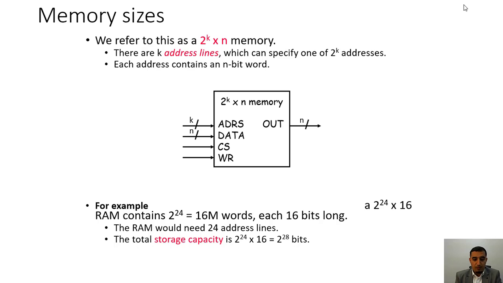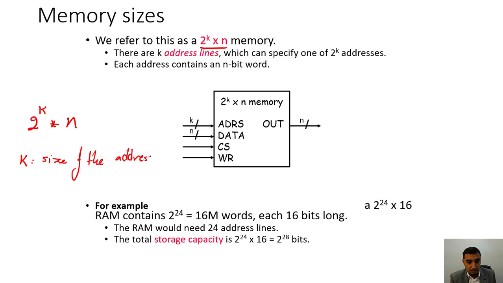Now, for example, we refer to the size of the RAM as 2 to the power k multiplied by n, where k is the size of the address bus and n is the size of the data bus.